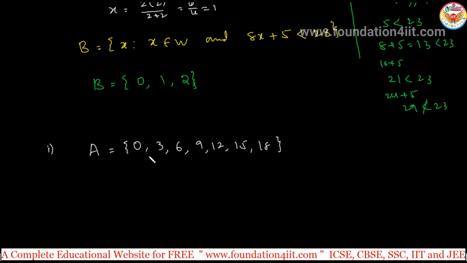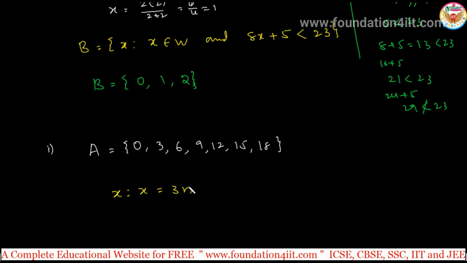What relation is there between them? If you notice, these are all multiples of 3. 3 into some natural number gives this: 3 into 0 is this, 3 into 1, 3 into 2, 3 into 3. So 3 into some number. So x such that x is equal to 3n.